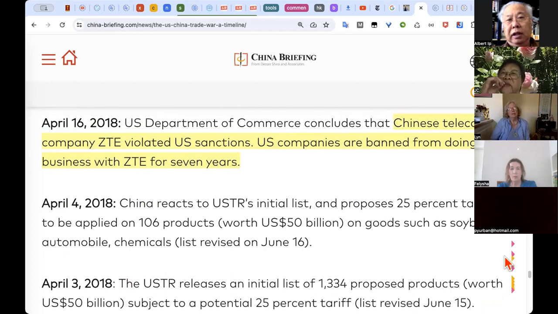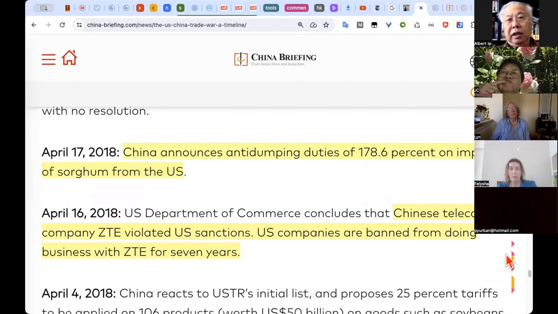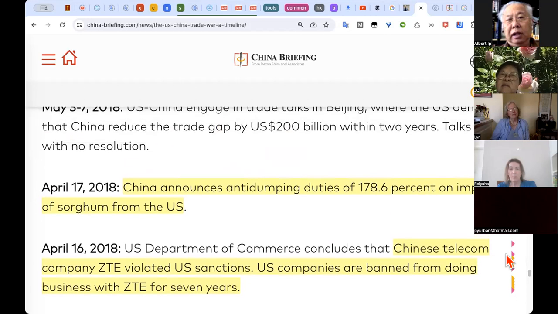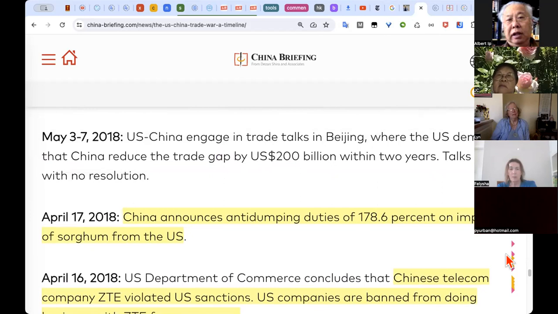Then they focused on ZTE and said ZTE violates U.S. sanctions and banned it from doing business for 7 years. And China responded the next day with 178% on imports of sorghum from the U.S. Again, an agricultural product. And of course, every now and then they engage in talks.